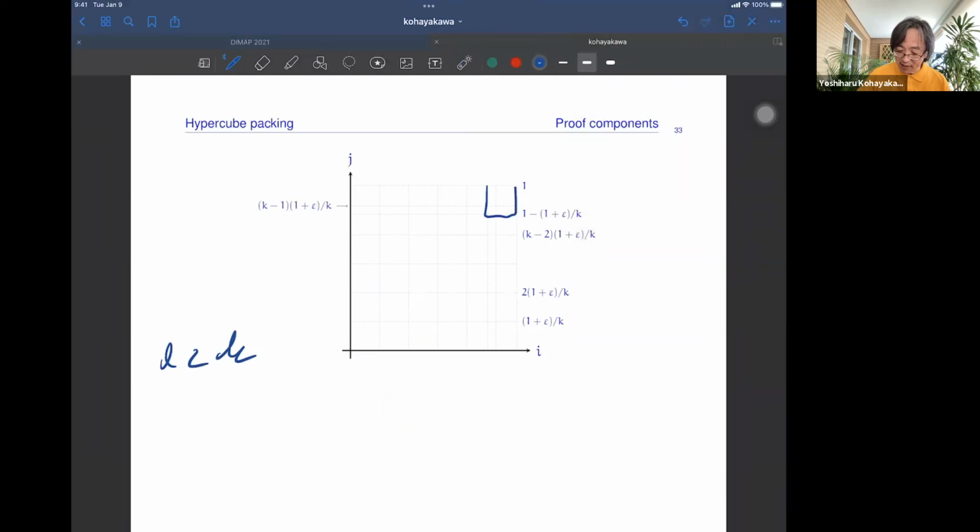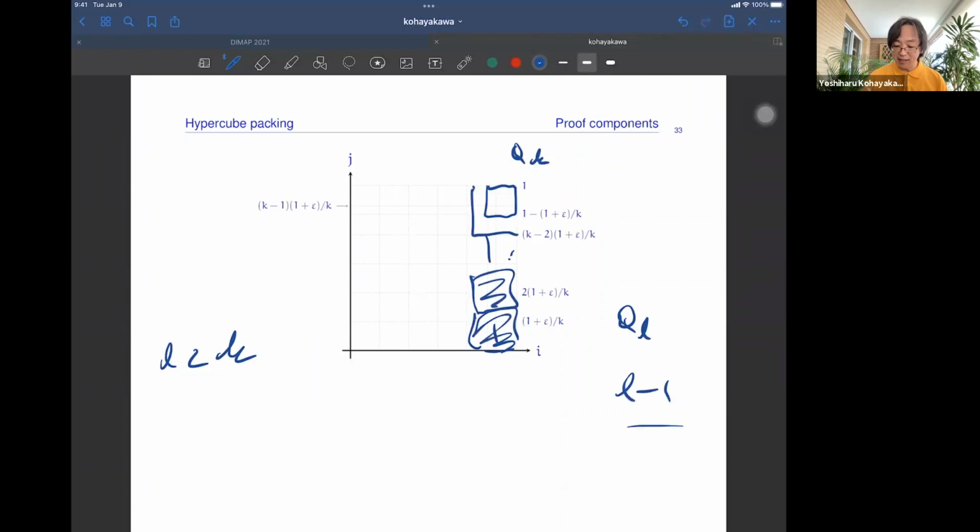This is one QK. If you take QL, it is bigger, so this is one QL, this is another QL. It will leave a space like this when I stack L minus one of these QLs.